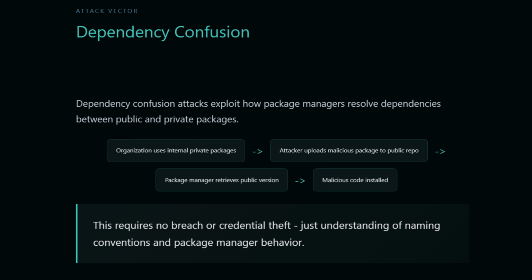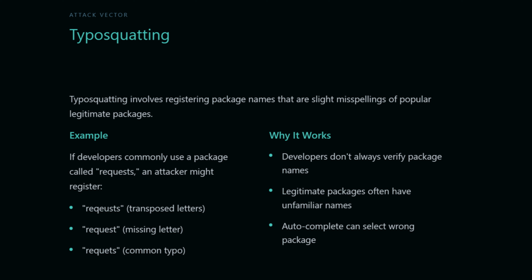Attackers upload malicious packages to public repositories with names matching internal private packages. When developers or build systems attempt to install packages, the package manager might retrieve the attacker's public package instead of the legitimate internal one. This requires no breach or credential theft, just understanding of naming conventions and package manager behavior. Yet it can result in malicious code being incorporated into organizational applications.